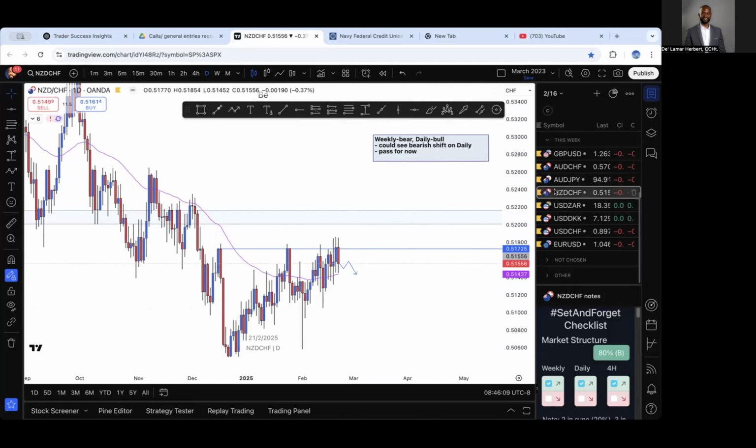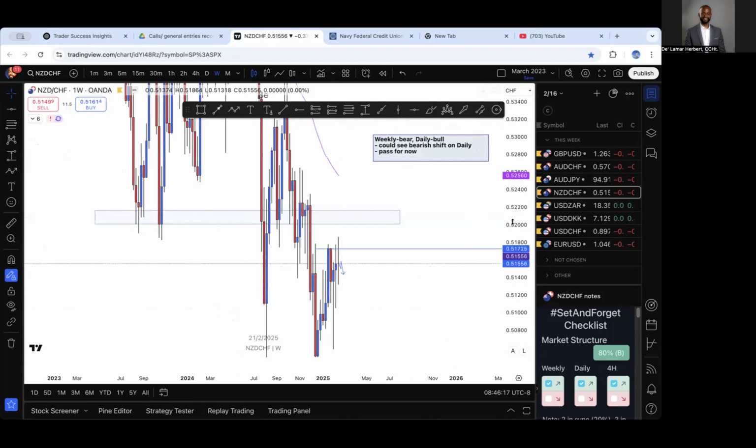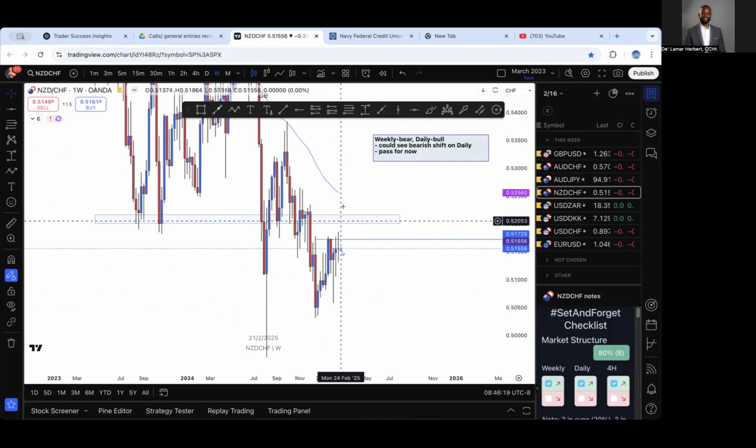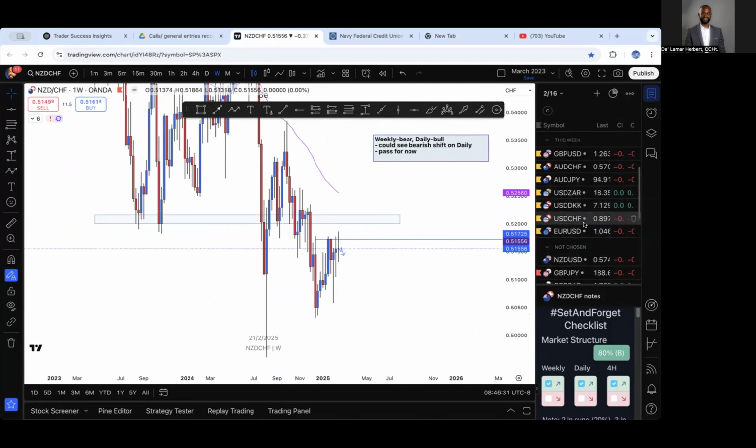Unclear. Pass for now, but I'll just monitor it. Maybe we see a shift, but that shift is not going to happen until way up here, actually. So I'm going to move this to my not chosen right now. I don't think it's ready, or even close to being ready. So pass. Okay.